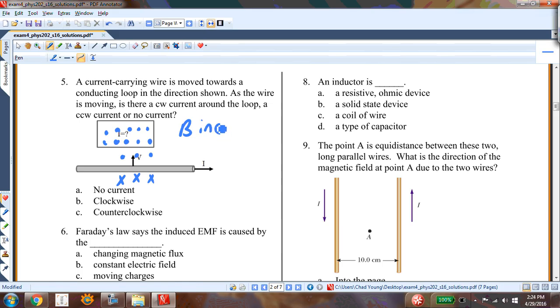That means that the induced magnetic field will be opposite the direction of the magnetic field. So I will have a magnetic field due to this that will be into the page. And in order to create a magnetic field into the page, I'm going to have a current that is in this direction, and that is clockwise.